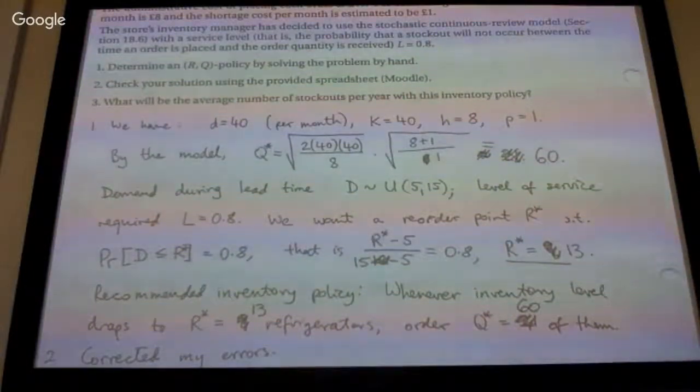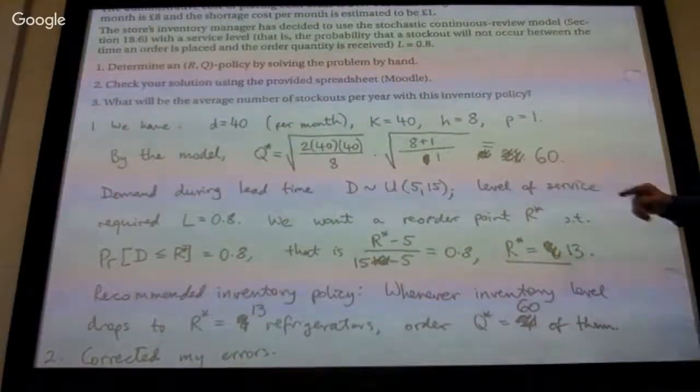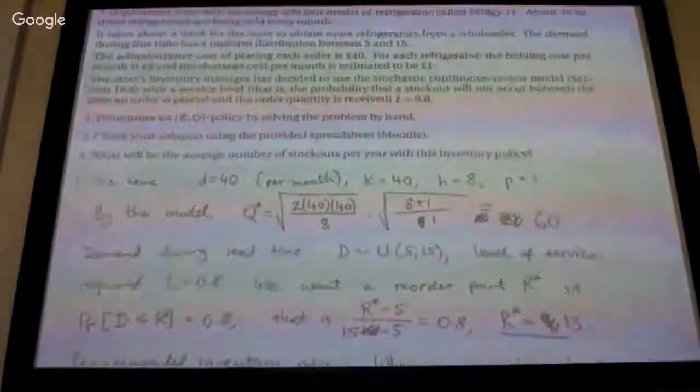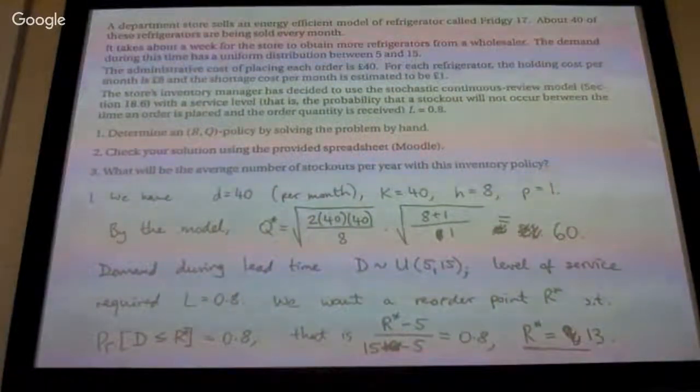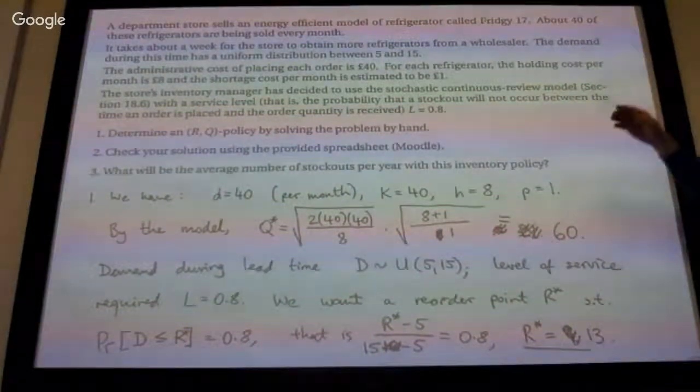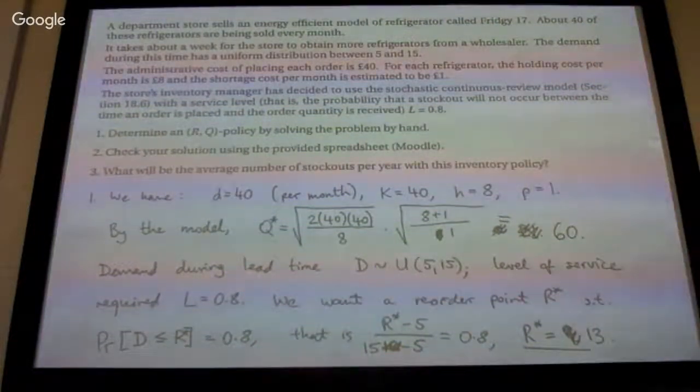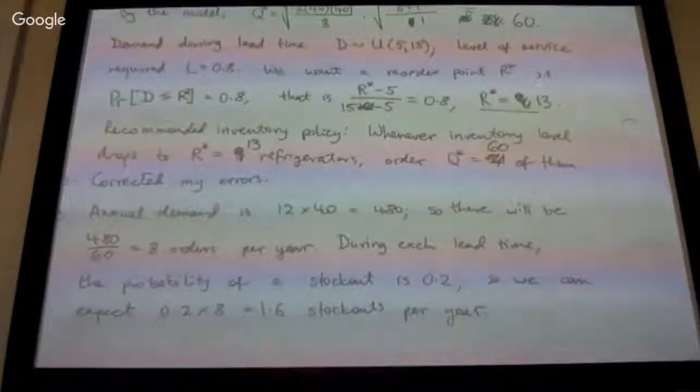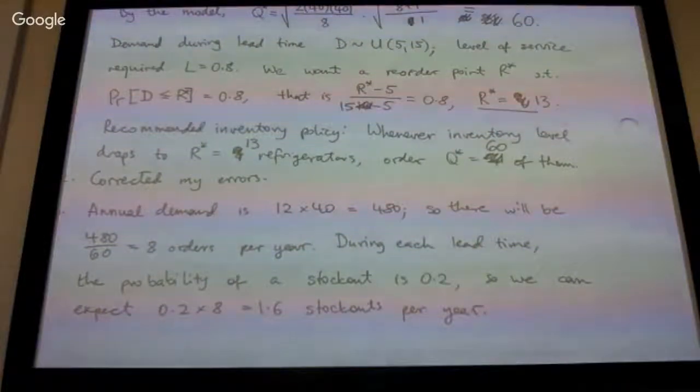You just need to work out how many orders you're placing per year. Every order is 60, and the total demand per year is 40 per month, so that's 480 per year. So you're placing 8 orders. Each of them is 0.2, so 1.6 stockouts per year is what you're expecting.